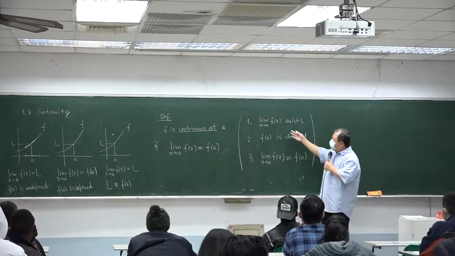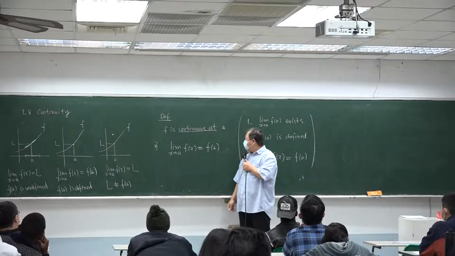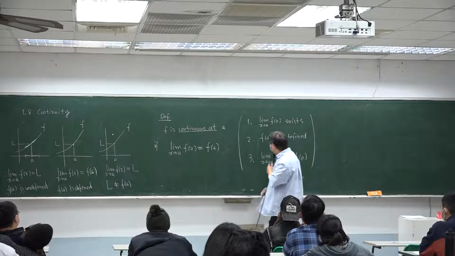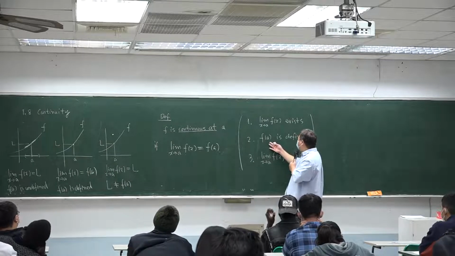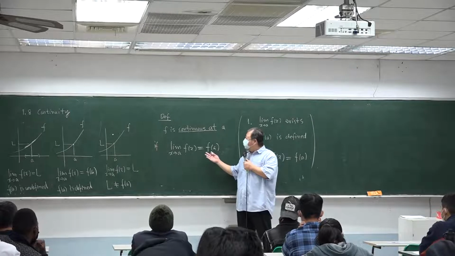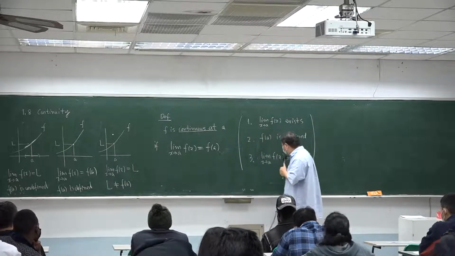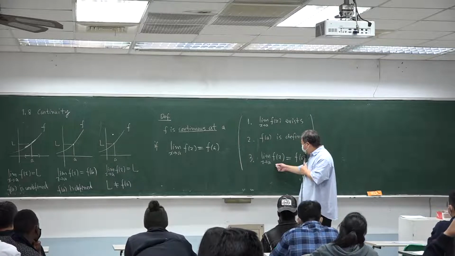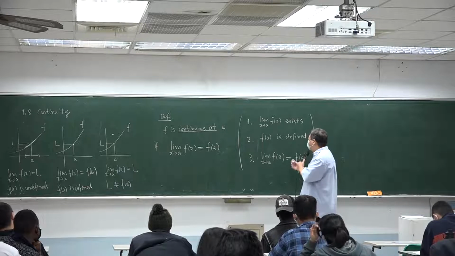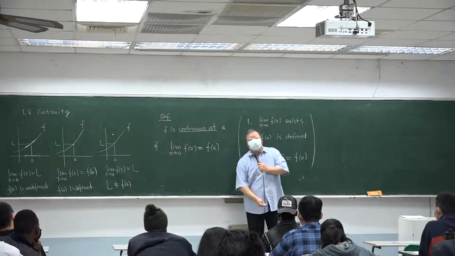If this limit does not exist, we can't have this equation. If f is not defined at A, we cannot have this equation. If this exists and this exists, but they are different, we cannot have this either.